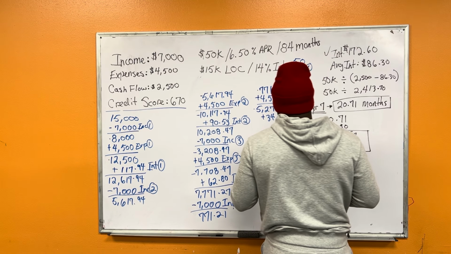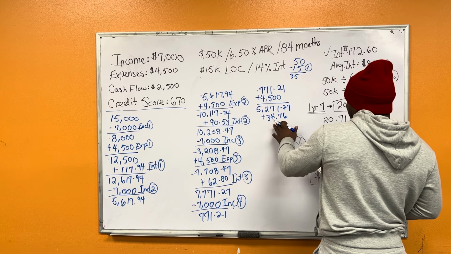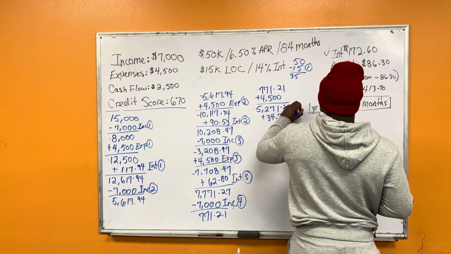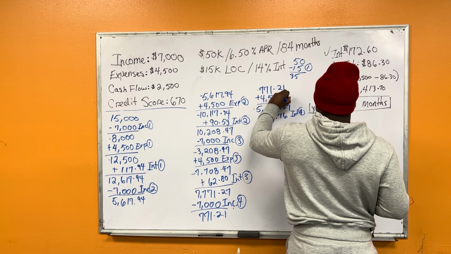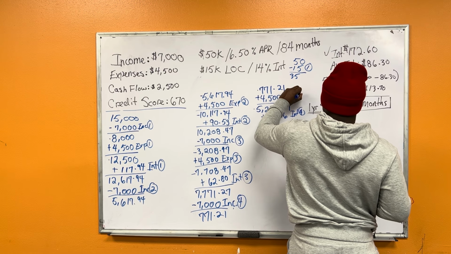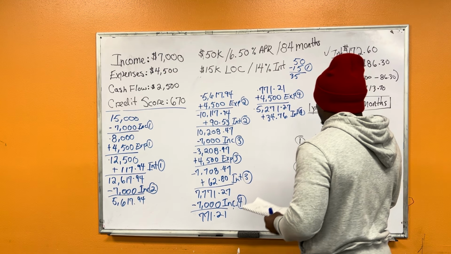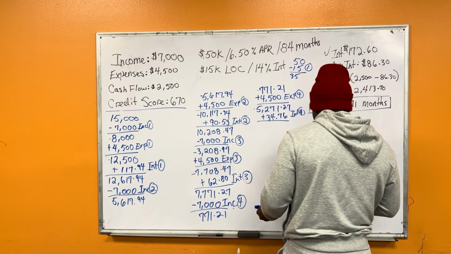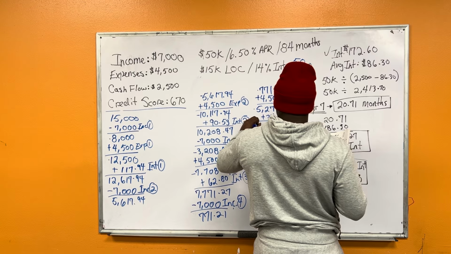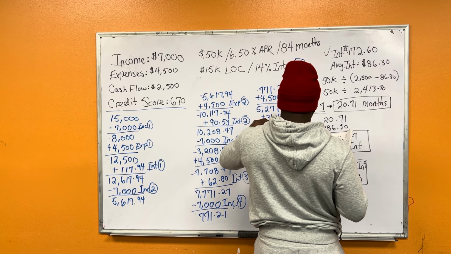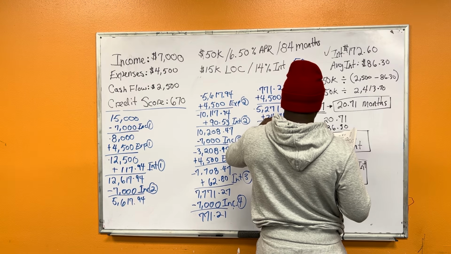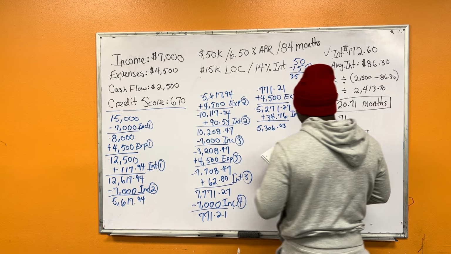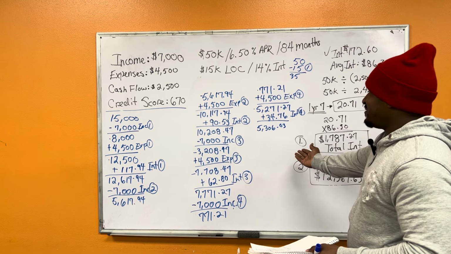The average daily balance interest is $34.76 for month number 4. So now we add these two numbers together, which gives us $5,306.03 coming into month number 5.